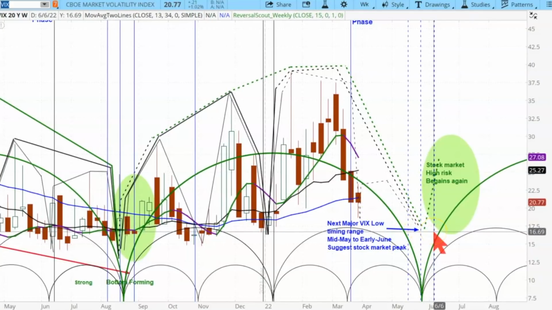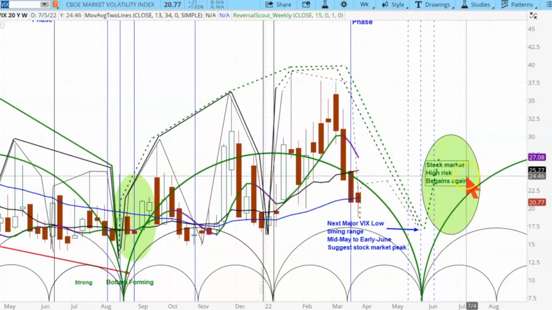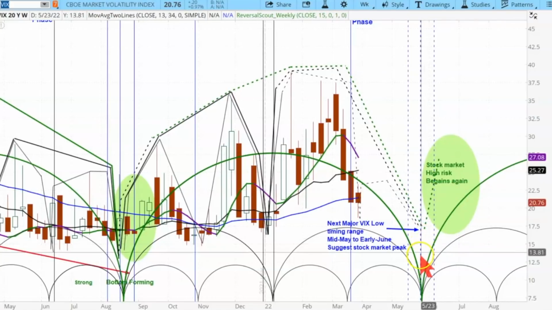If that happened, then you know that the stock market still would be in decent shape in this rebound. And this is really the time frame. Then when you get past this timing zone, that's when the stock market high risk begins again. And if you caught us in the beginning of the show, we talked about the May-June time frame. April, May potentially is a stronger market.